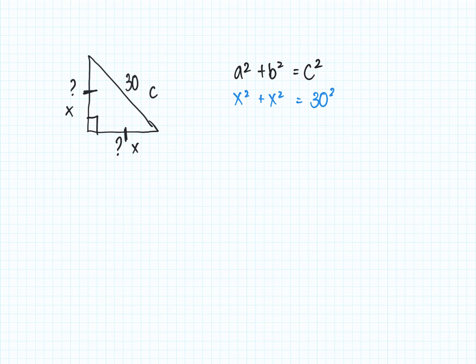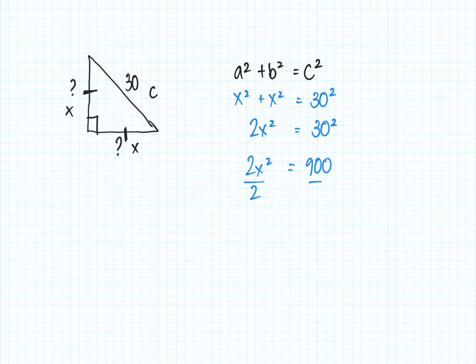Now, X squared plus X squared is 2X squared, and that's equal to 30 squared. And 30 squared is equal to 900. So 2X squared is equal to 900. Now I'm just going to solve this like a regular equation.